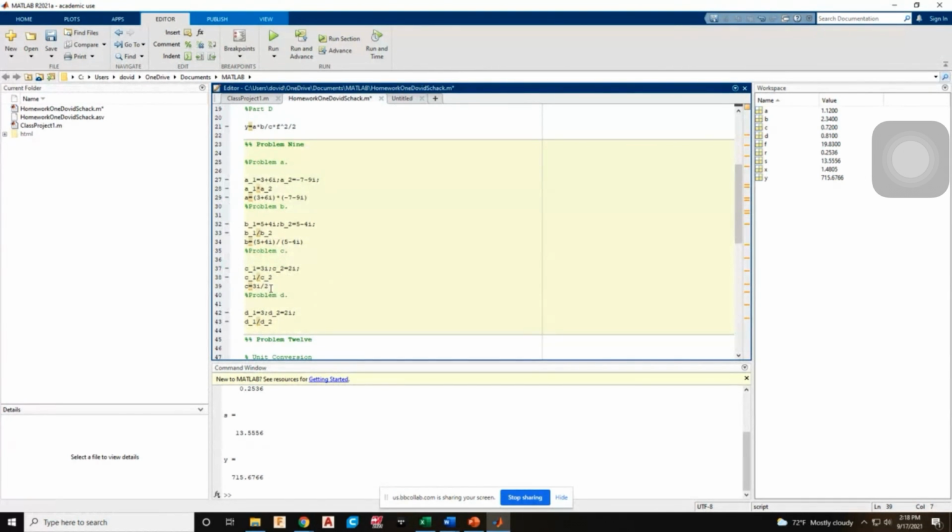Okay. That again, you can do it that way. You can do 3 times i divided by 2, 3 divided by i times i, 3 divided by 2.